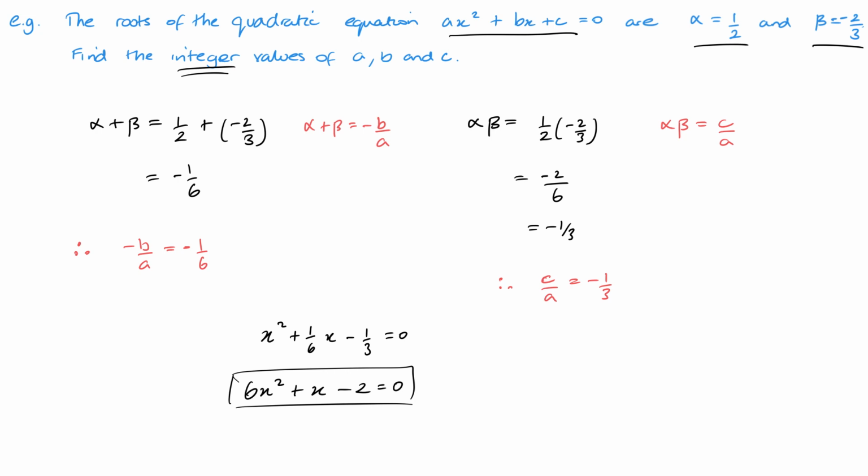So for example, I'll do this again in purple. Minus b over a is minus 1/6. So b over a is positive 1/6. And we had c over a is minus 2/6. So from this we can see that a is 6, can't we? So a is 6. We can see that b must be 1 and c must be minus 2.